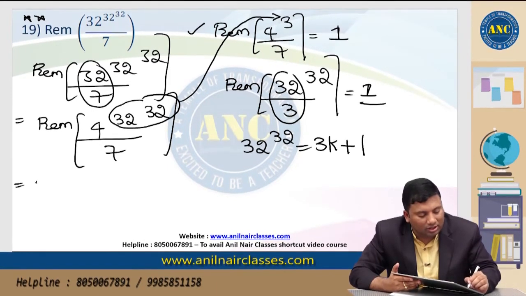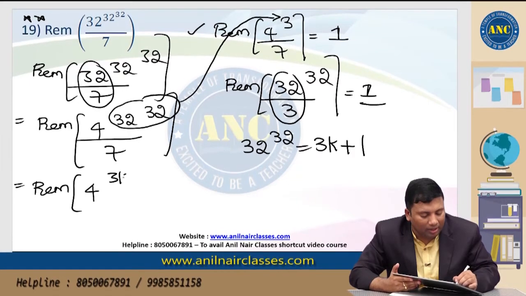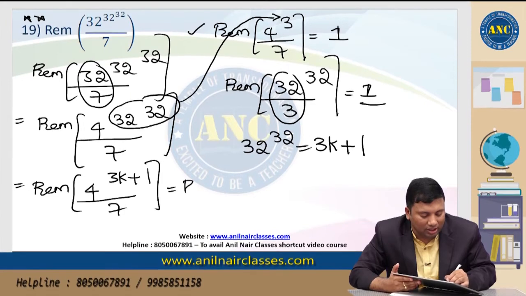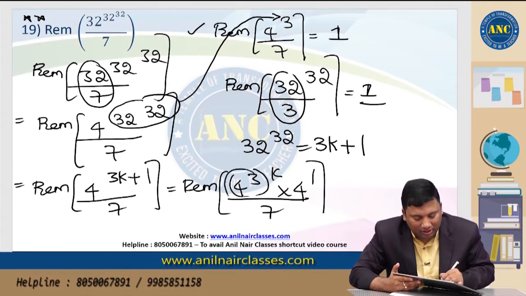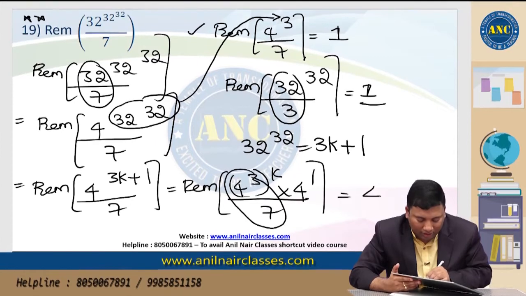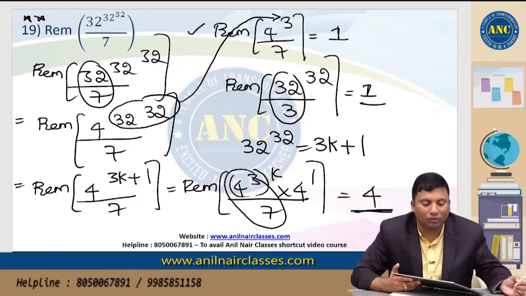So this is nothing but the remainder of 4 power 3k plus 1 when divided by 7, which is the remainder of 4 power 3 power k into 4 power 1 divided by 7. This is nothing but 1. 1 into 4 is 4.